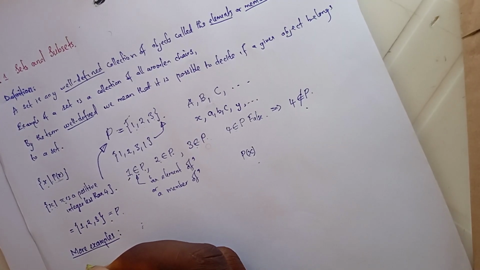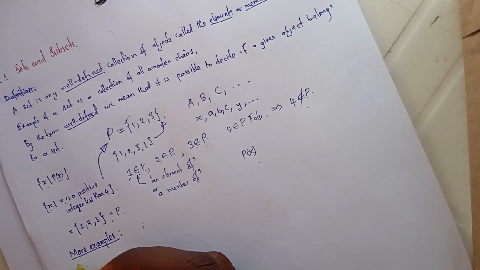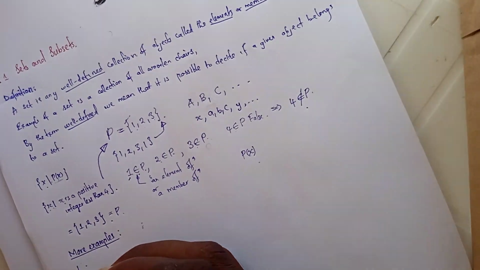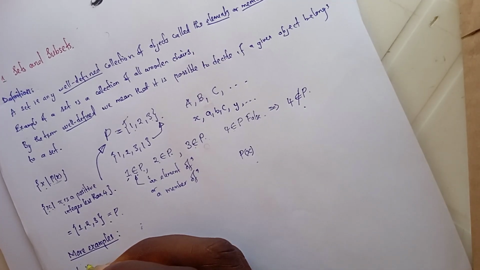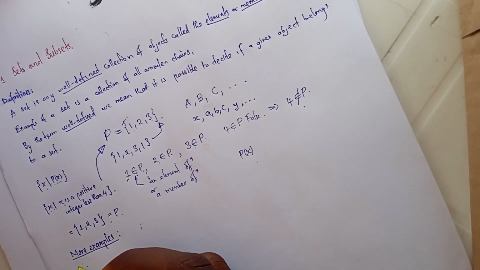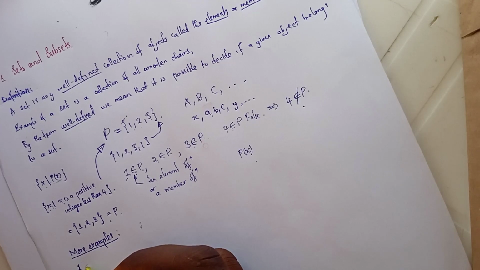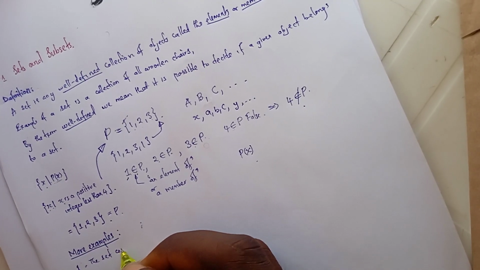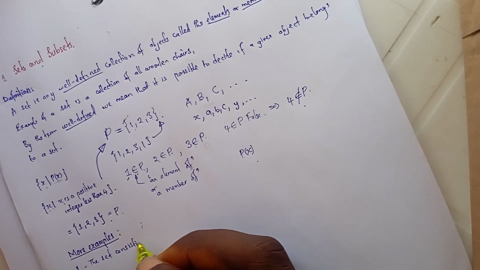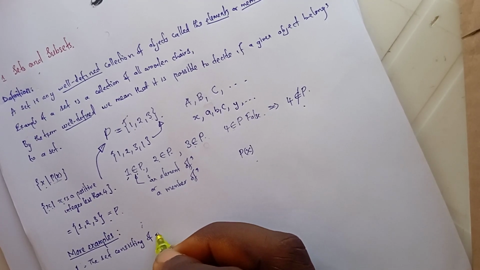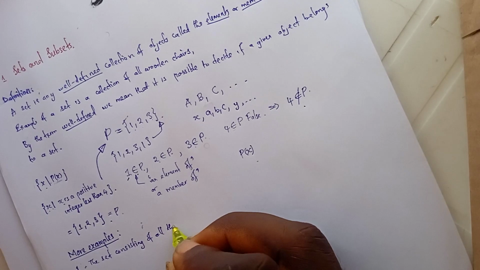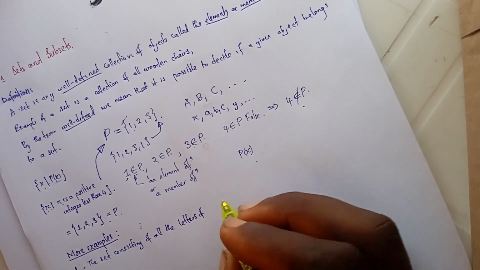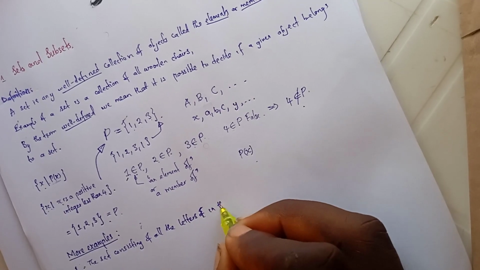The set consisting of all the letters of the word byte. So that's the first example we want to look at.